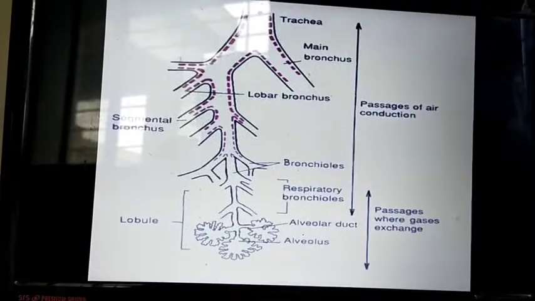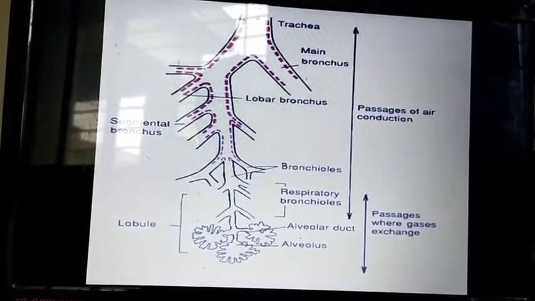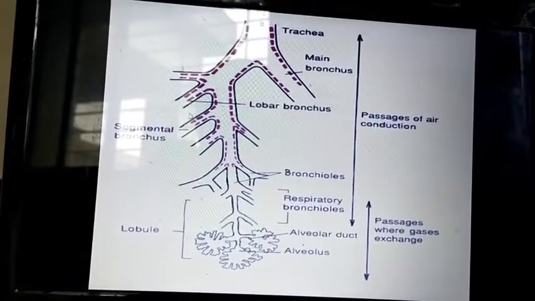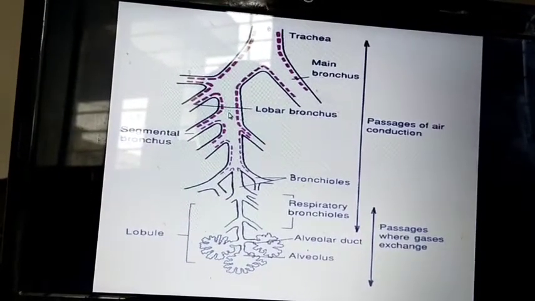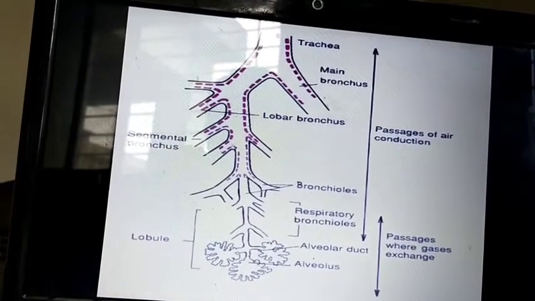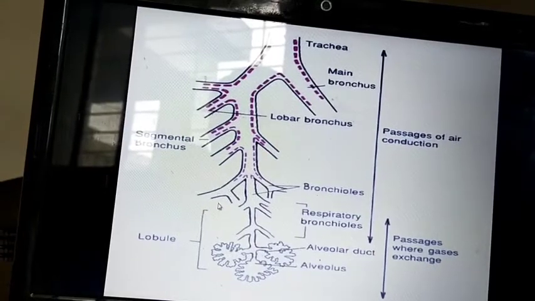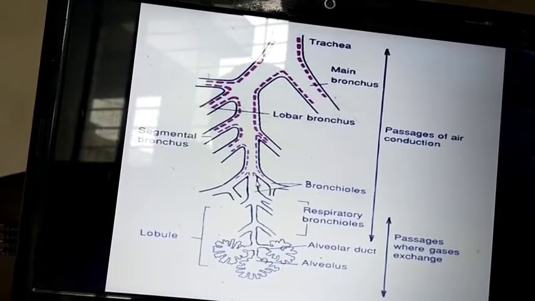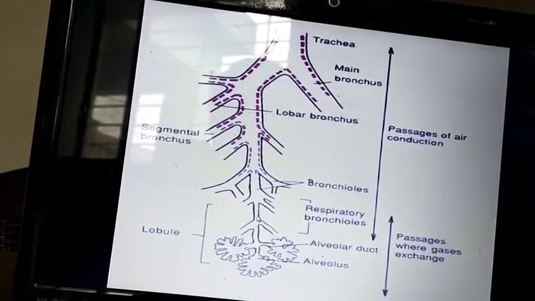You can see here this is a lobar bronchus. The trachea divides into bronchi, and that further divides to form the lobar bronchus, and the lobar bronchus further divides into segmental bronchi, like apical, basal, medial. That segmental bronchus further divides into bronchioles, and those bronchioles further divide into respiratory bronchioles.